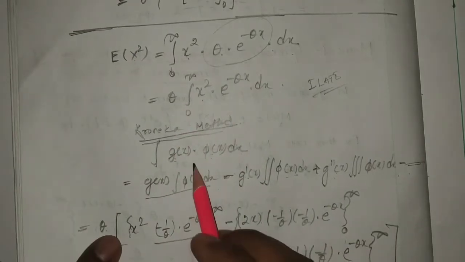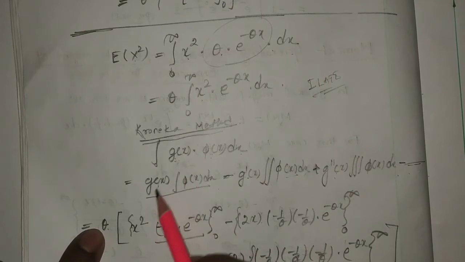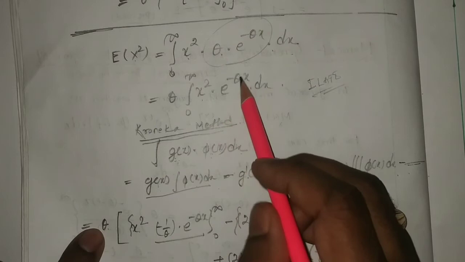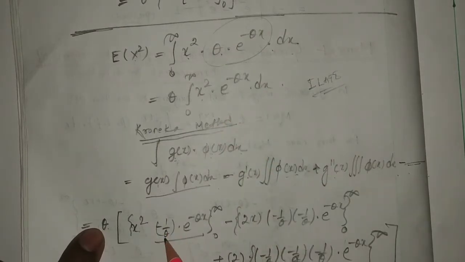So g(x), and the integration of phi(x), meaning e to the power minus theta x, is nothing but minus 1 by theta e to the power minus theta x, limit 0 to infinity, right?